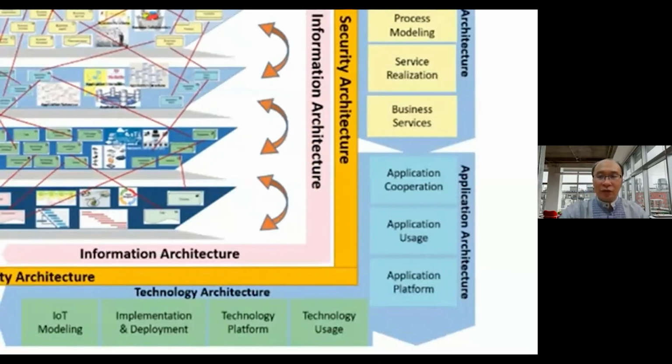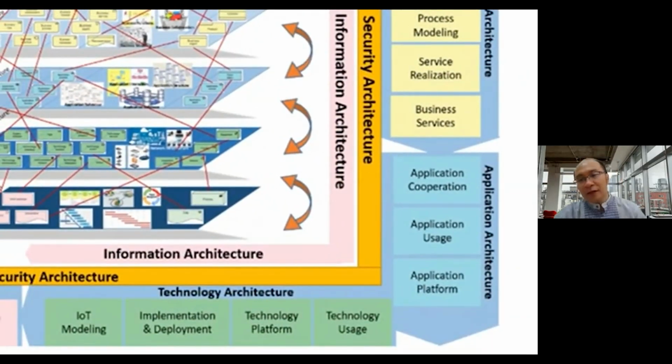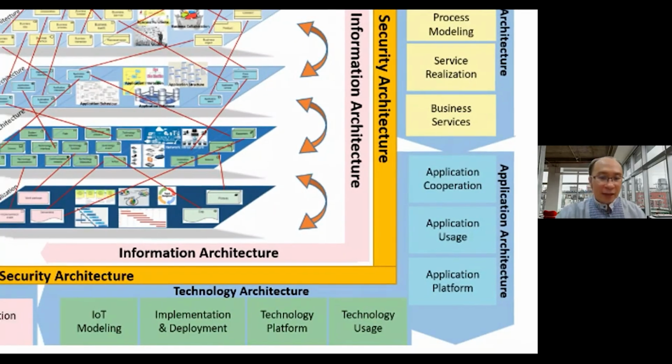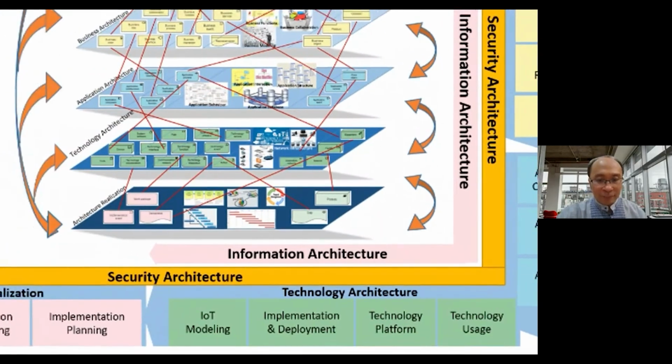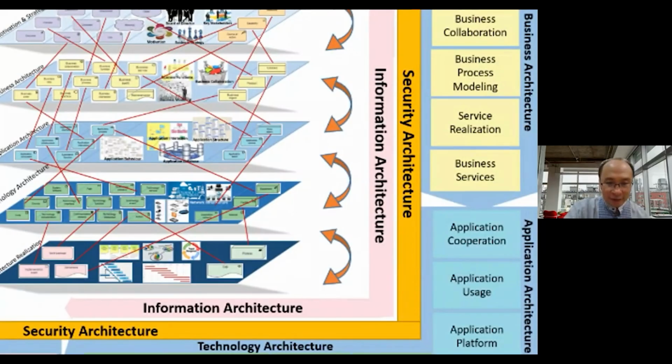Then you look at the application architecture, which applications need to be interconnected, in terms of application usage and relevancy to support the business. Likewise, the bottom part is technology. Technology is very important. Just now you have seen that you can also model the IoT, to understand how all the smart devices can be modeled to give critical data or information through the application for the business, for decision making.